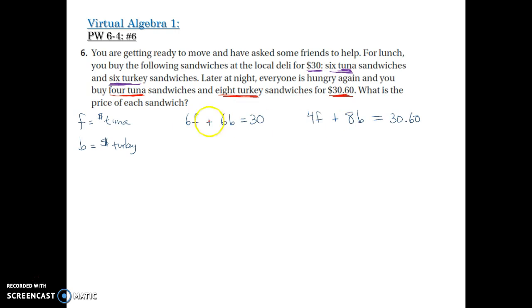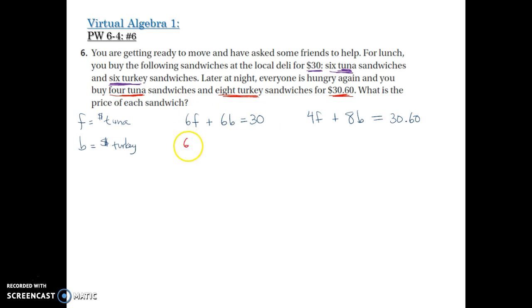Now I'm going to show you a little trick that I like to use to simplify these equations before I start solving the system. I'm going to look at the coefficients 6, 6, and 30, and see if they all have a common factor. 6 goes into 30, so I can factor out a 6.